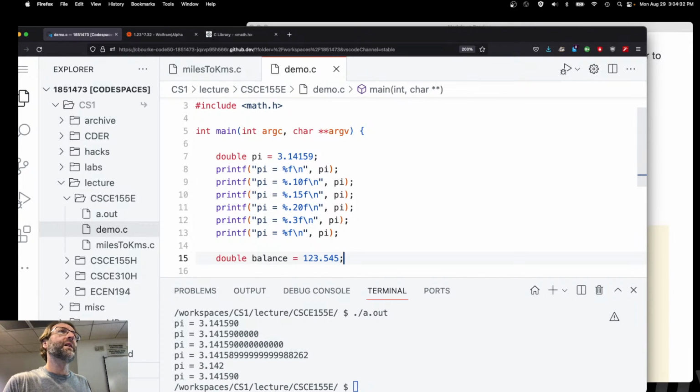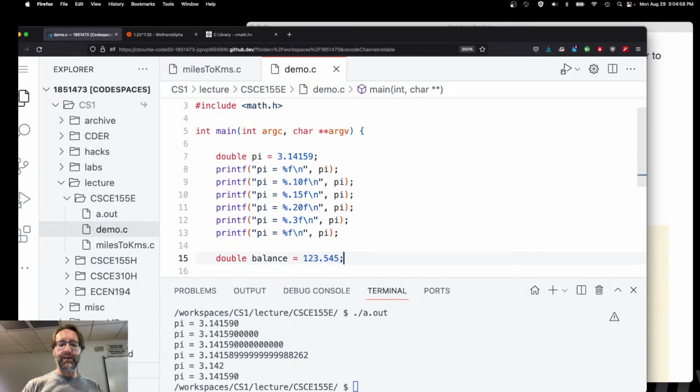What's the bank going to give you? $123.54. You might think that a bank would screw you, round down and steal your halfpenny. But let's assume it's a nice bank that is going to round that up and give that to you. So let's be the nice bank.